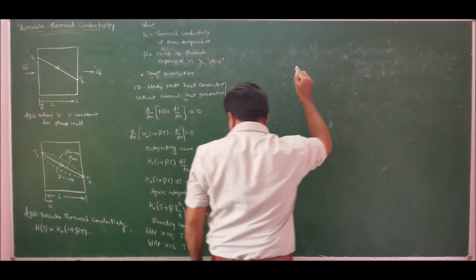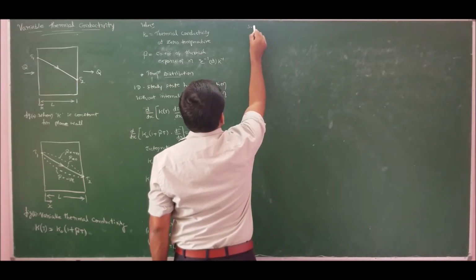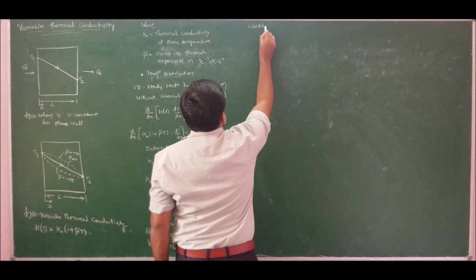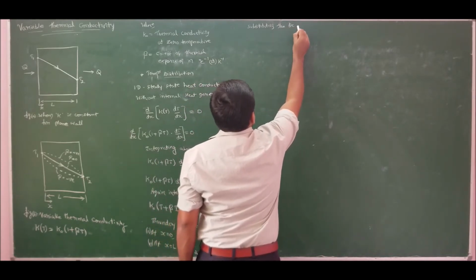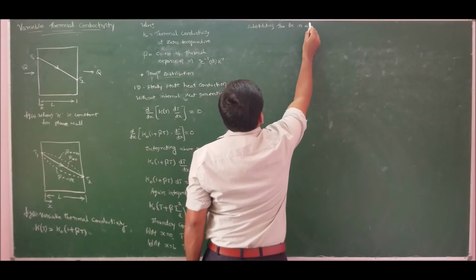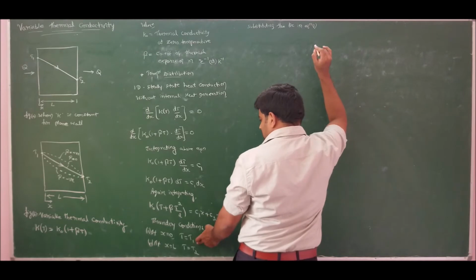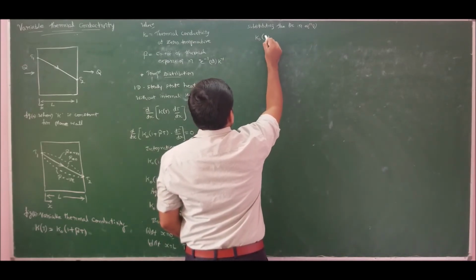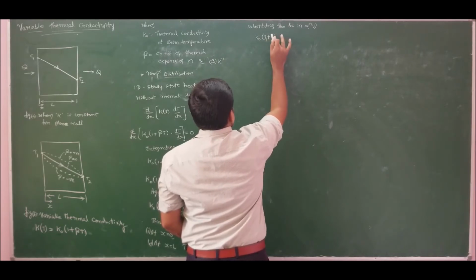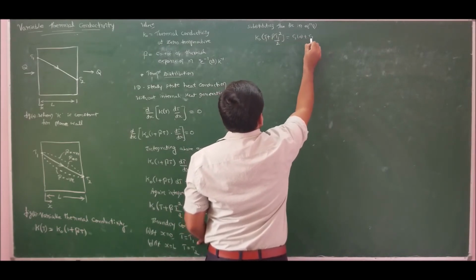Now substitute the boundary conditions in equation 1 and solve. Substituting the boundary conditions in equation 1, put x is equal to 0, t is equal to t1, so we will get k naught of t1 plus beta t1 square by 2 is equal to c1 of 0 plus c2.